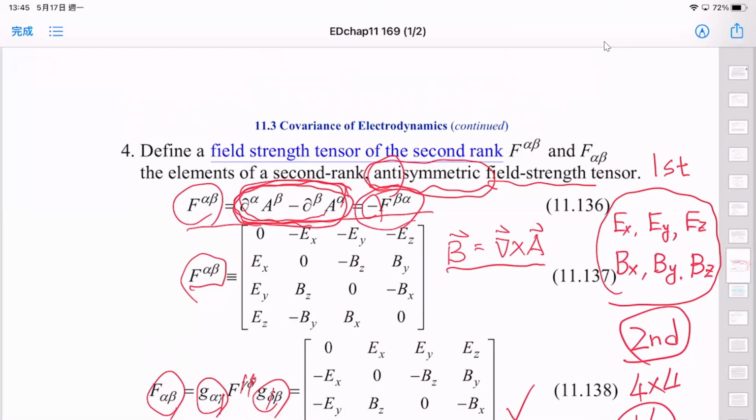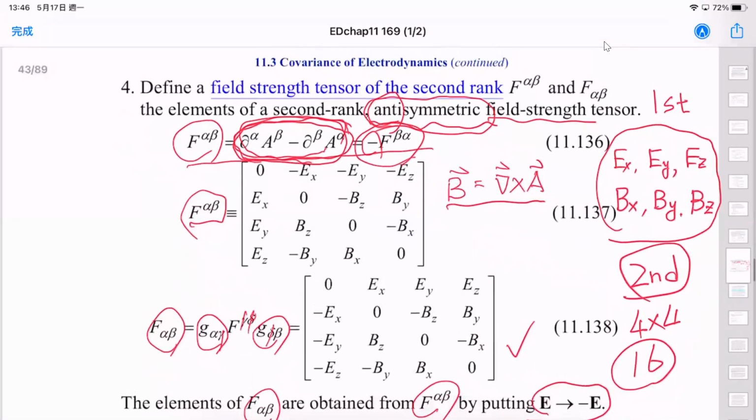Okay, this part is still the same, and this part goes from positive to negative. This part is still the same. So the elements of F alpha beta are obtained from F alpha beta by putting here E equals minus E. You can prove it by yourself easily.